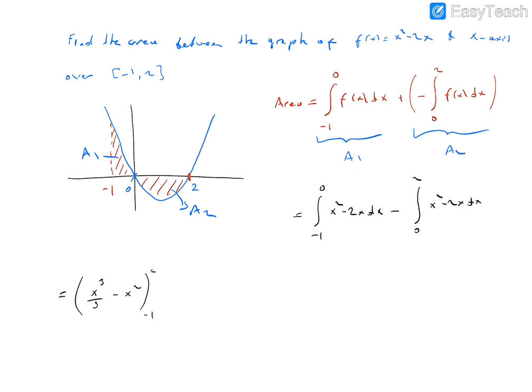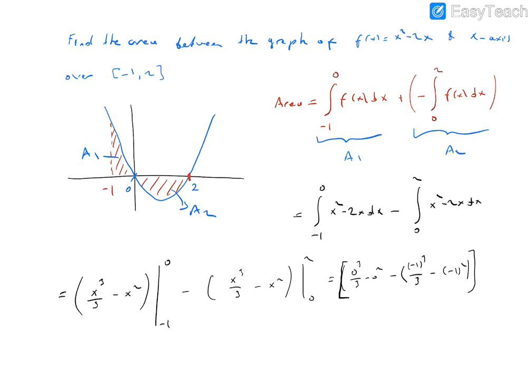We can use this notation from minus 1 to 0, minus the same antiderivative x cubed over 3 minus x squared from 0 to 2. So let's calculate these differences. For x equals 0, this is 0 cubed over 3 minus 0 squared, minus, for x equals minus 1, minus 1 cubed over 3 minus 1 squared.